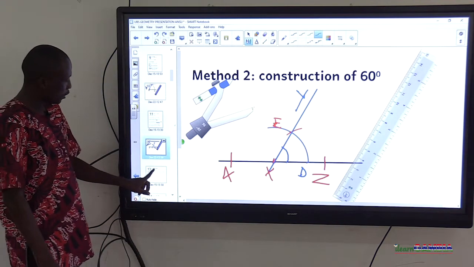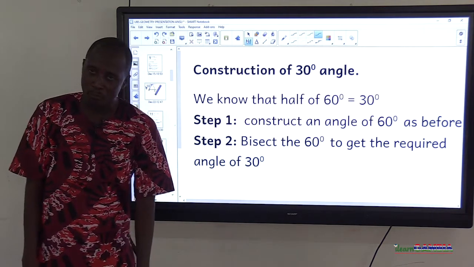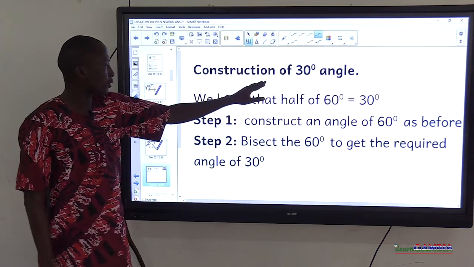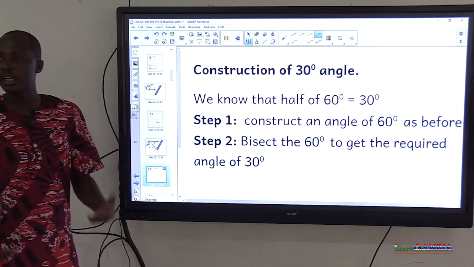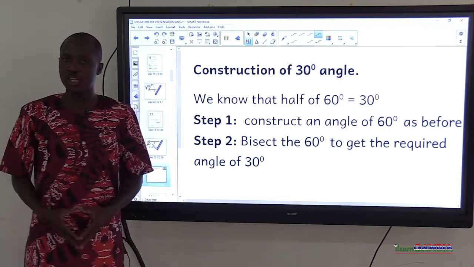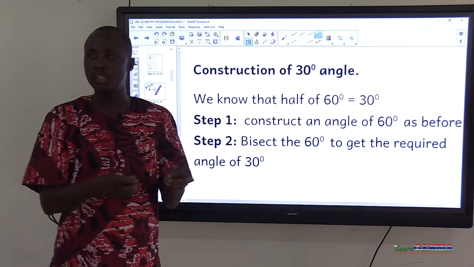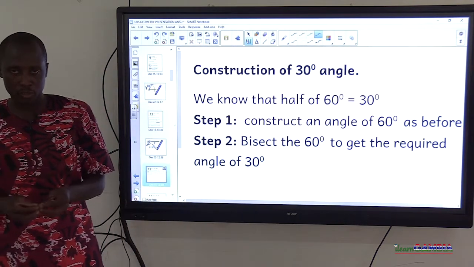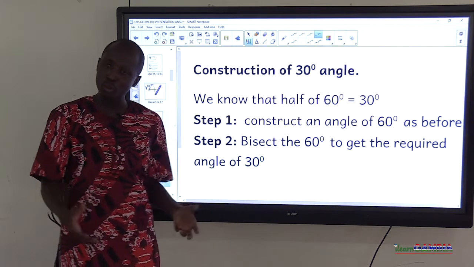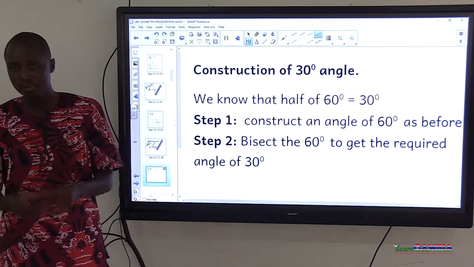Now we move to another construction of an angle. Now we are going to construct that of 30 degrees. But already we have constructed 60. You were told in your previous lesson that when you bisect a line, you divide the line into two equal parts. If you bisect an angle, you will also divide the angle into two equal parts.